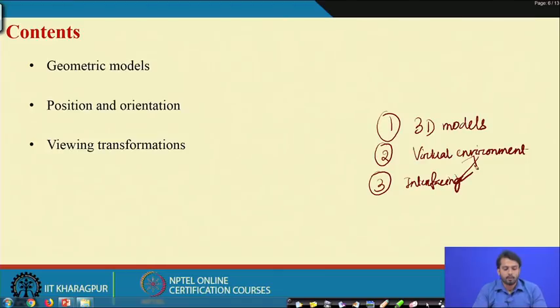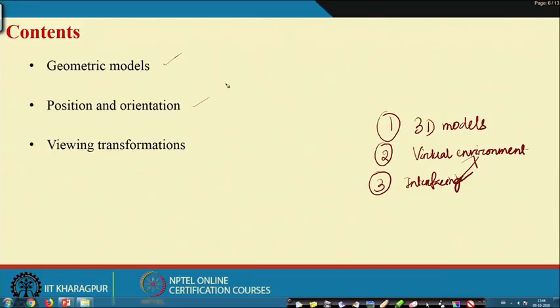So, for knowing the 3D models, virtual environment and interfacing, we should know how the mathematical background is taken care of in different models. For that we should know the geometric models along with position and orientation, and the various types of transformation.